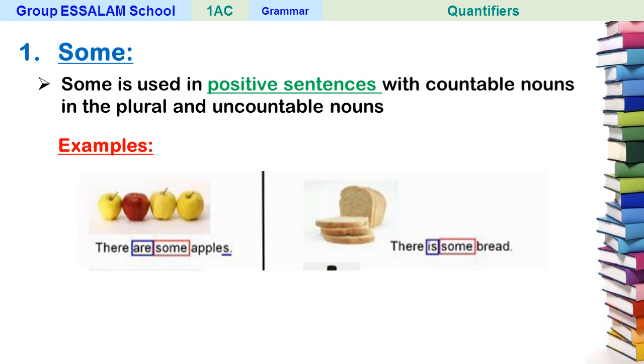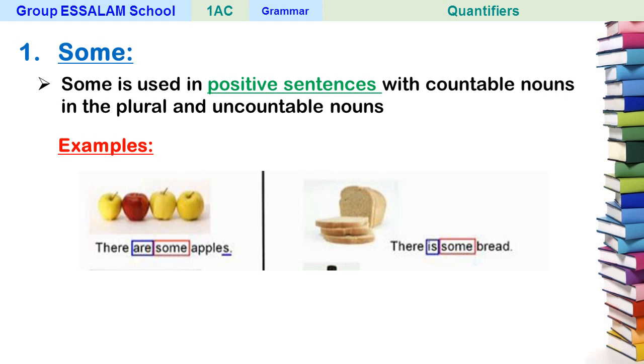And look at the verb are, there are. We cannot say there is some apples because we have many apples here. So we said there are some apples. This sentence is positive, and that's why we use here the quantifier some.